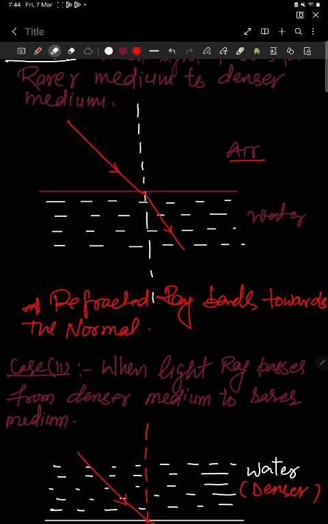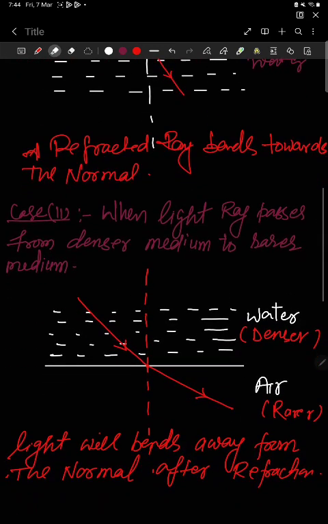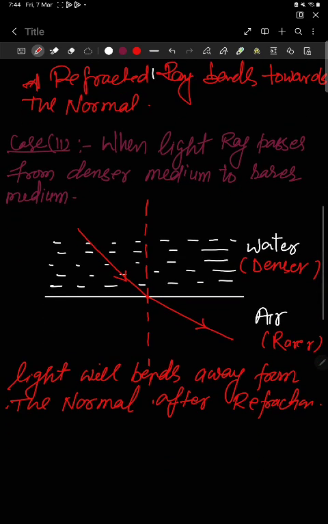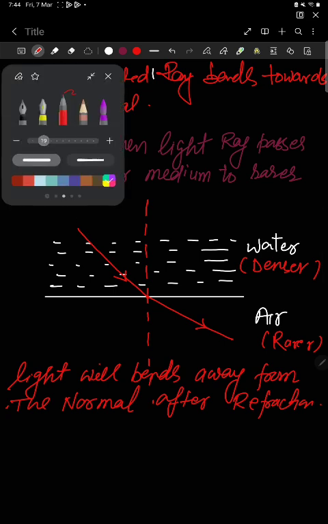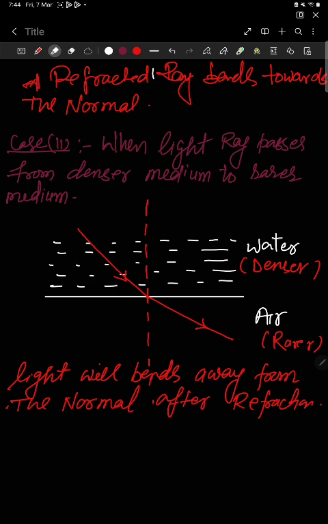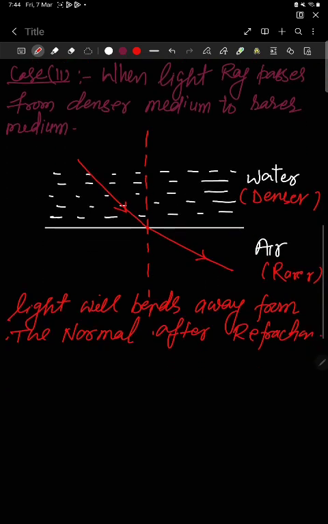Here there is one case. Now second we have discussed that when light ray is coming from denser medium to rarer medium, in this case what will happen? After refraction the light will bend away from the normal.